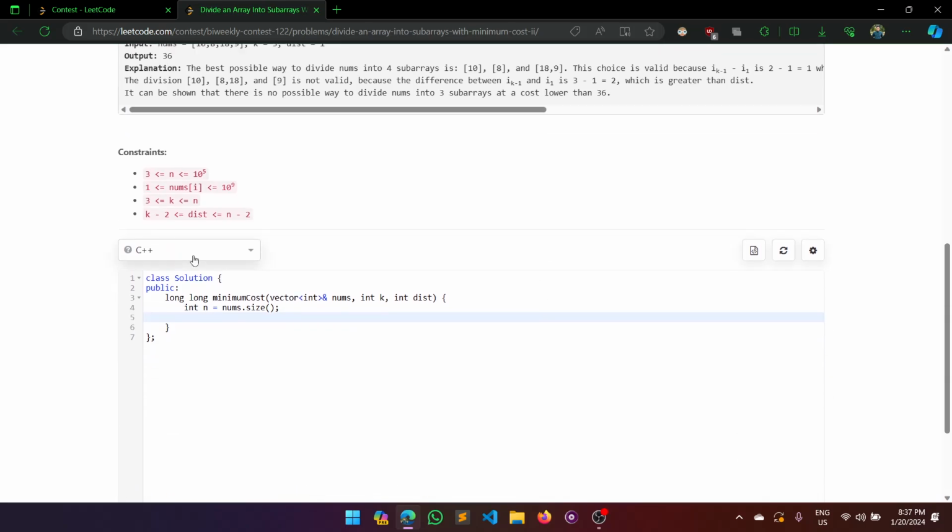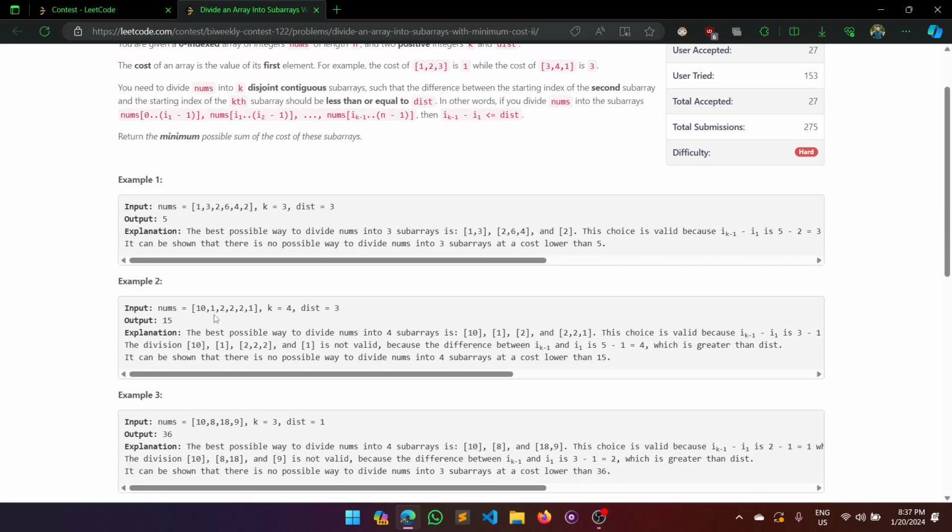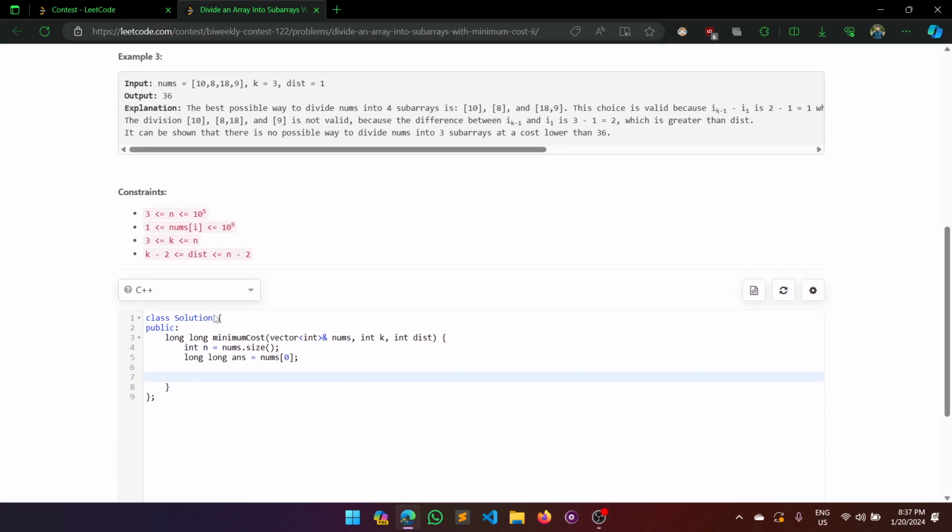So the first element we're always considering is nums of 0. Now we want to consider k minus 1 elements, and this distance is greater than k minus 1, right?